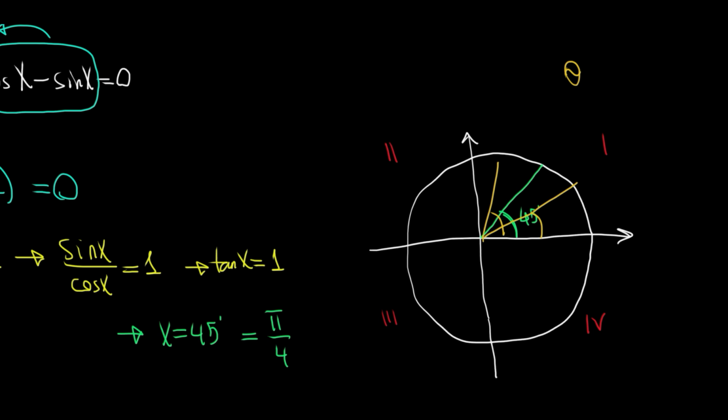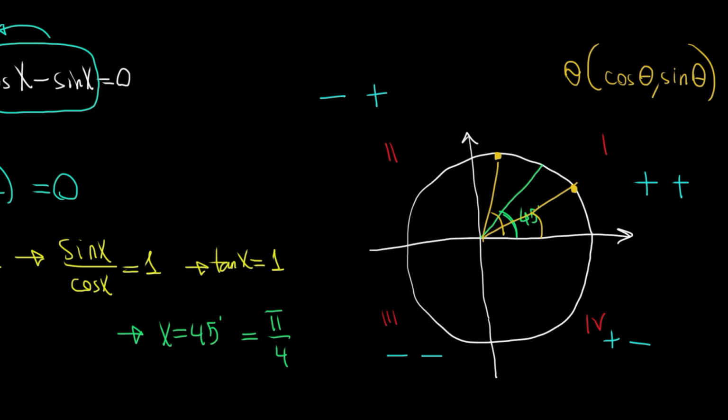Theta will be the angle of reference, and if I were to look at the coordinates of such a point on the unit circle, the first coordinate gives me cosine of theta, the second coordinate would give me sine of theta. And you need to know the following on a unit circle: in the first quadrant they are both positive, cosine and sine. In the second quadrant the cosine is negative, the sine is positive. In the third quadrant both of them are negative, and in the fourth quadrant you have the cosine as positive and the sine as negative.